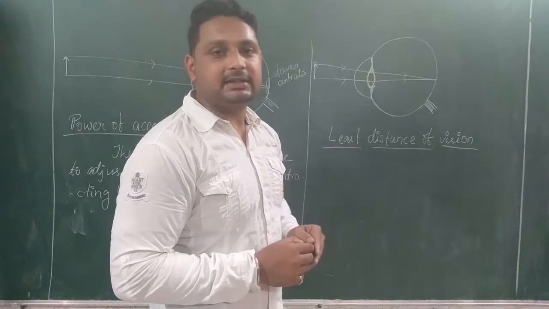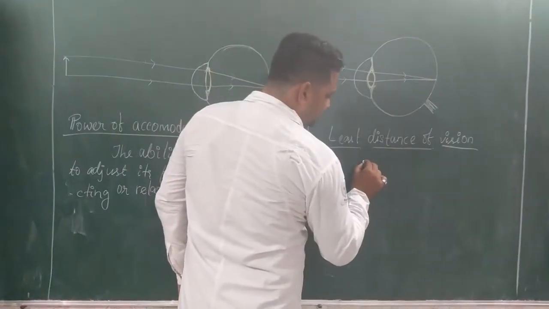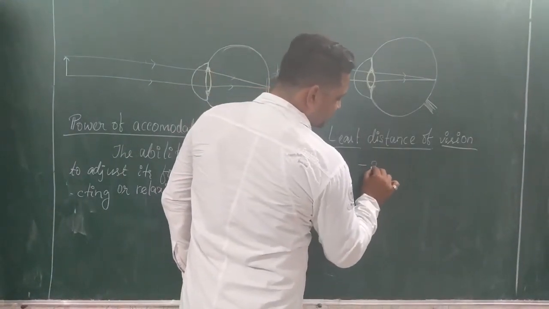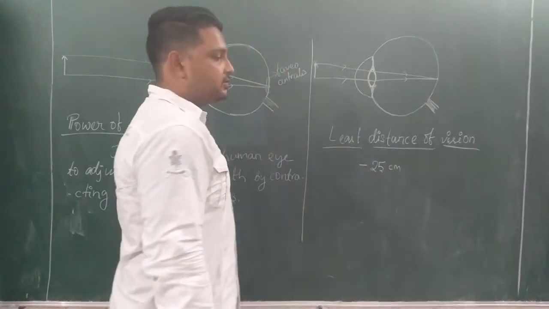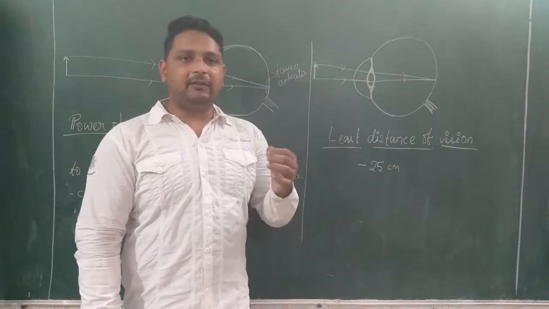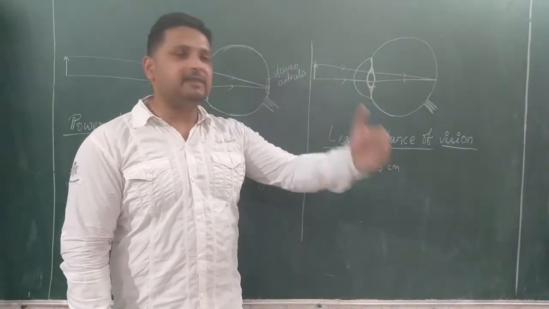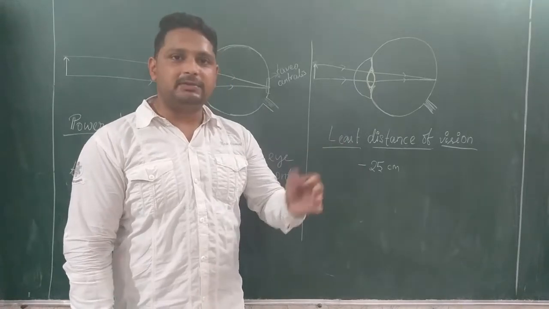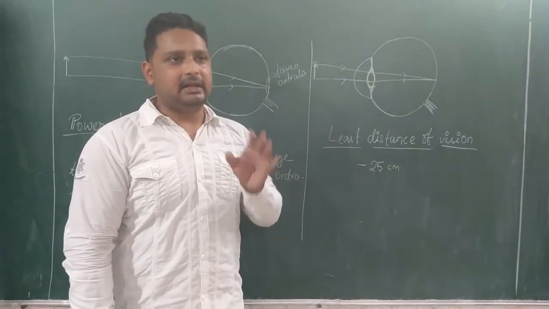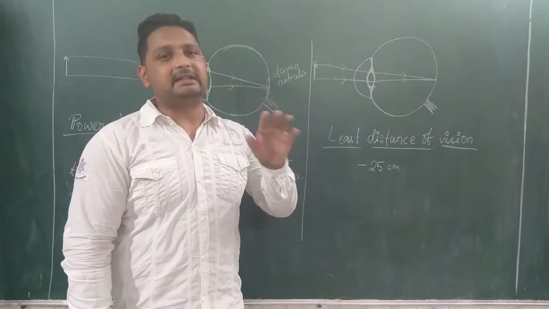On an average, the least distance of vision in human beings is 25 centimeters. If the object is closer than 25 centimeters, the image will be a little blurred and we can't see it clearly.